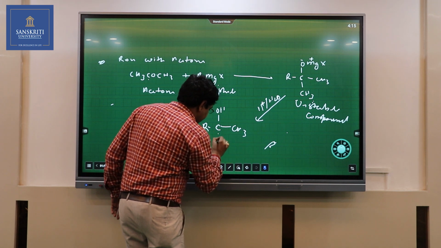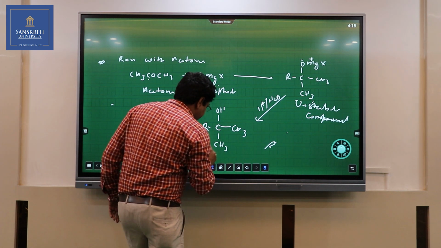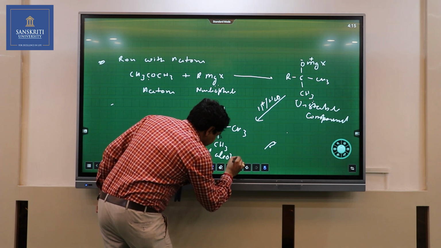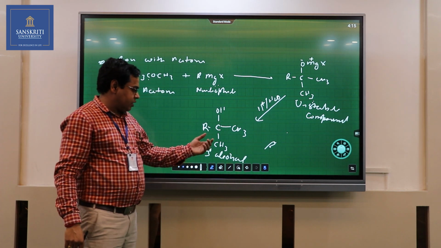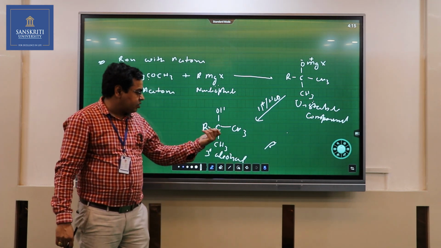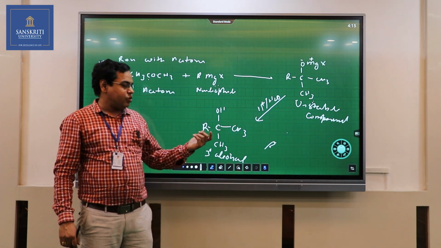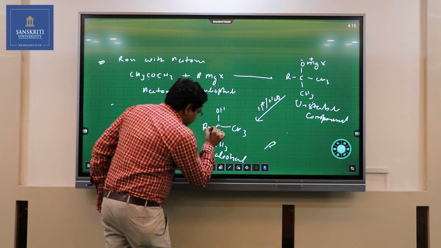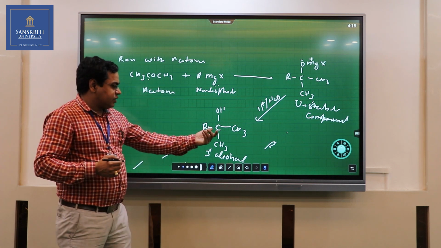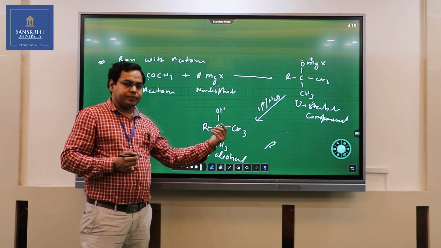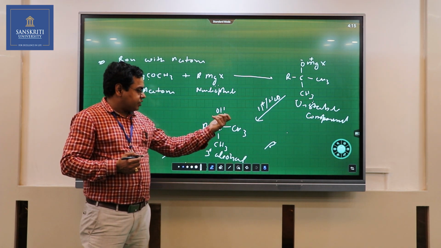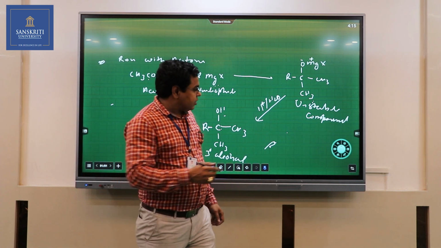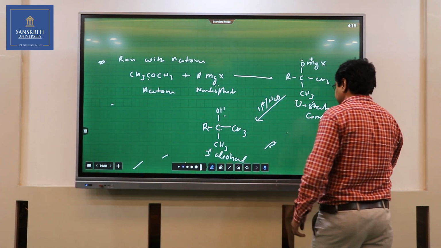How do we identify a tertiary alcohol? Here, three alkyl groups attached at the same carbon atom is called a tertiary alcohol. And next we will discuss the reaction with aldehyde.